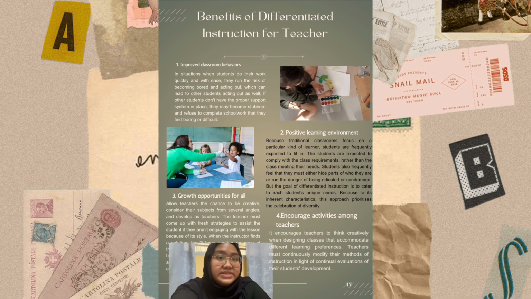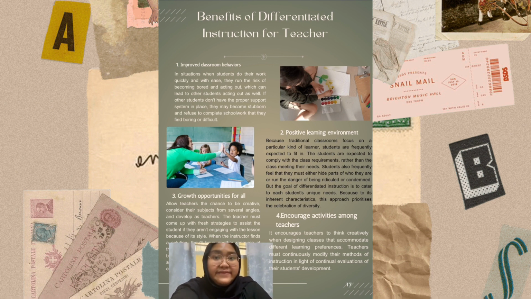Second, positive learning environment. Because traditional classrooms focus on a particular kind of learner, students are frequently expected to fit in. The students are expected to comply with the schoolwork and the class requirements, rather than the class meeting the students' needs.